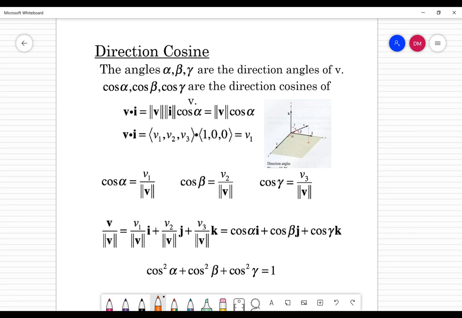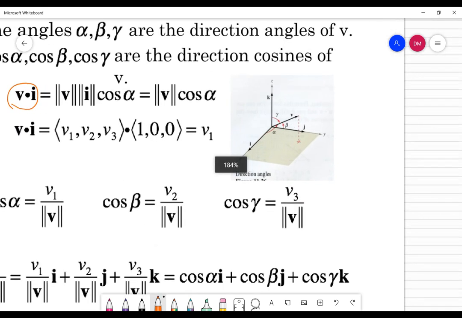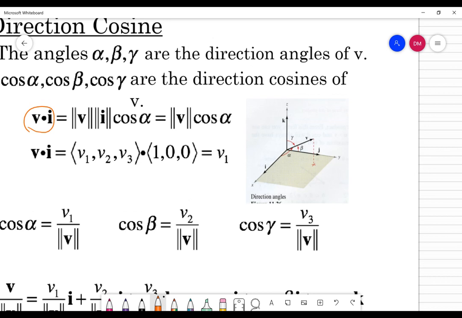Those direction angles or the direction cosines will use the idea of a dot product with the unit vector in whichever direction you're headed. So this v dot i is referring here to my unit vector in the positive x direction, which we call i.